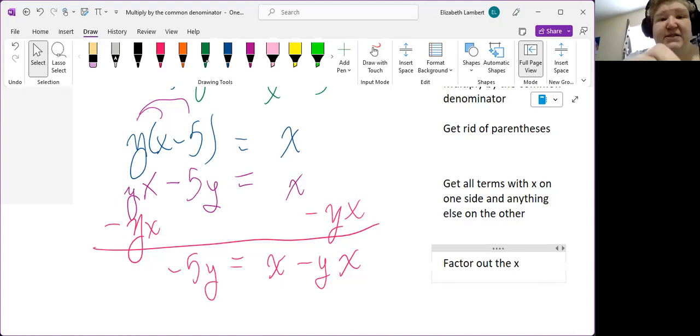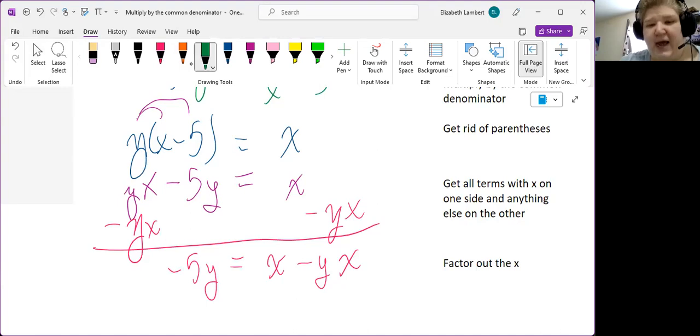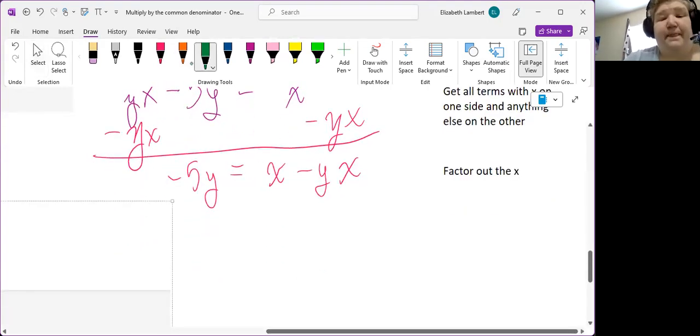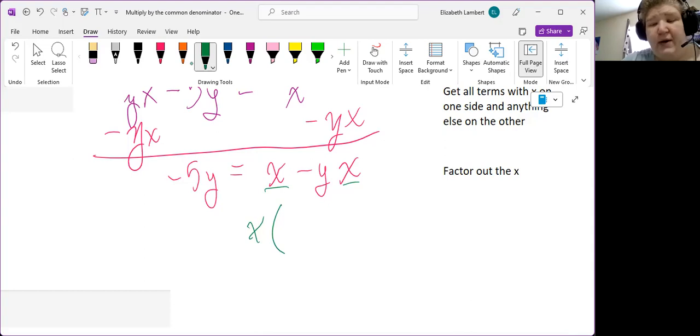Because those terms both have an x and they are together on one side, I see an x, I see an x. Now my leftovers: x times 1 will get me back to x, minus, I've got yx there, the x is out there, so I'd need the y for this to multiply back.